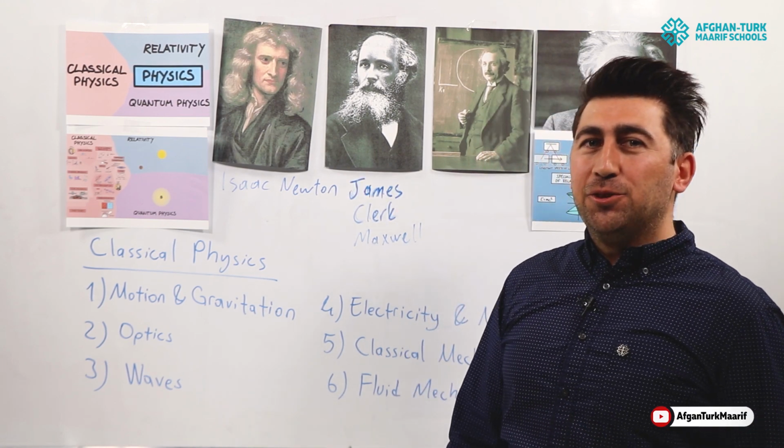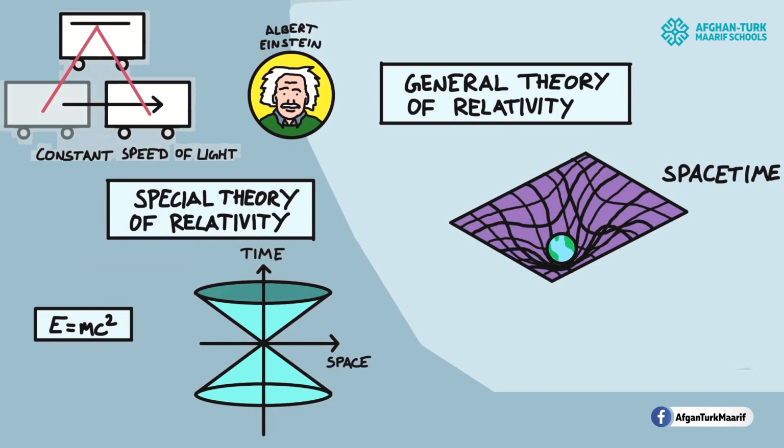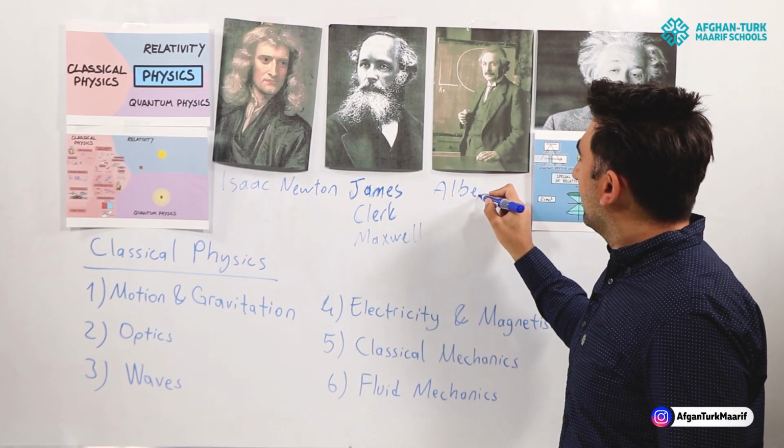I would like to give you the second main part of physics, which is relativity. Albert Einstein was the genius who developed the theory of special and general relativity.